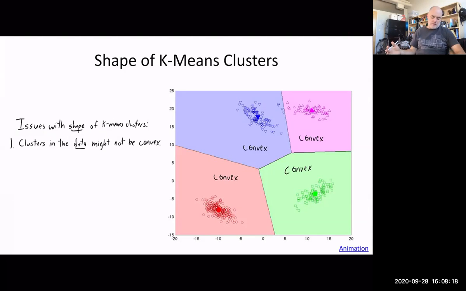What are some issues with it? Well, the clusters in the data in feature space might not actually be convex. Does this point here actually belong in the red cluster? Does this point here actually belong in the blue cluster? Does this point here actually belong in the green cluster? Right? It's not obvious, right?